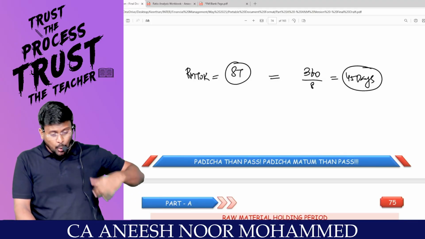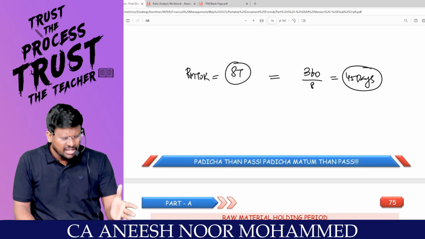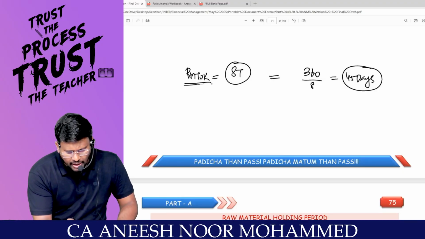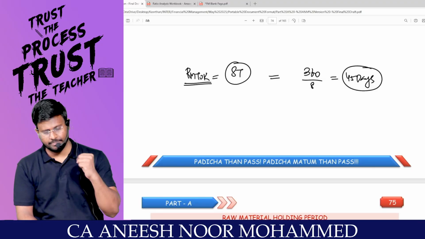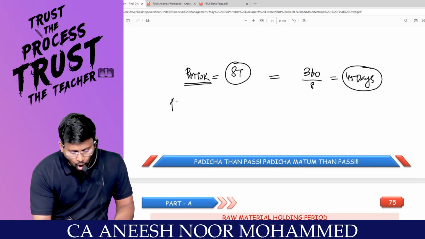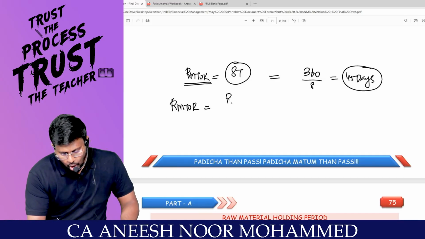So either I can say it in times or I can say it in days. If I am saying it in times, it is called turnover ratio. If I am saying it in days, it is called holding period. So, raw material turnover ratio is equal to raw material consumed divided by average stock of raw material.